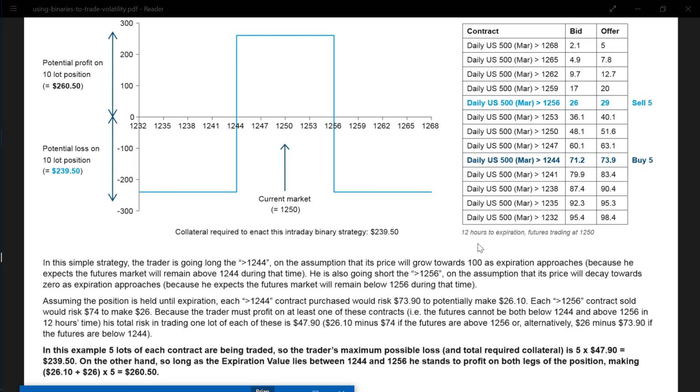Now, in this strategy, I'm going to read this to you real quick. What you're looking at is a daily contract spec of the US 500, which is the S&P 500. What's important is not so much the actual market in this case, but the prices, the bid and offer, which is 26, 29, 71, 73.